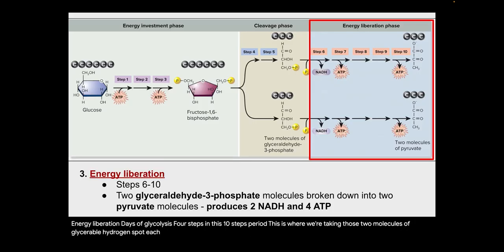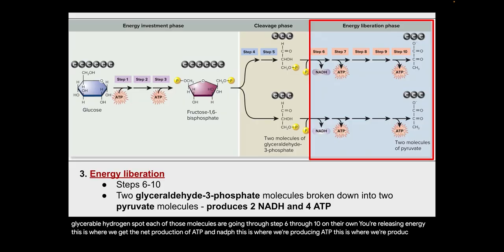Each of those molecules goes through steps 6 through 10 on its own. In those steps, we are releasing energy. This is where we get the net production of ATP and NADH. This is where we're producing ATP, and this is where we're producing our NADH.